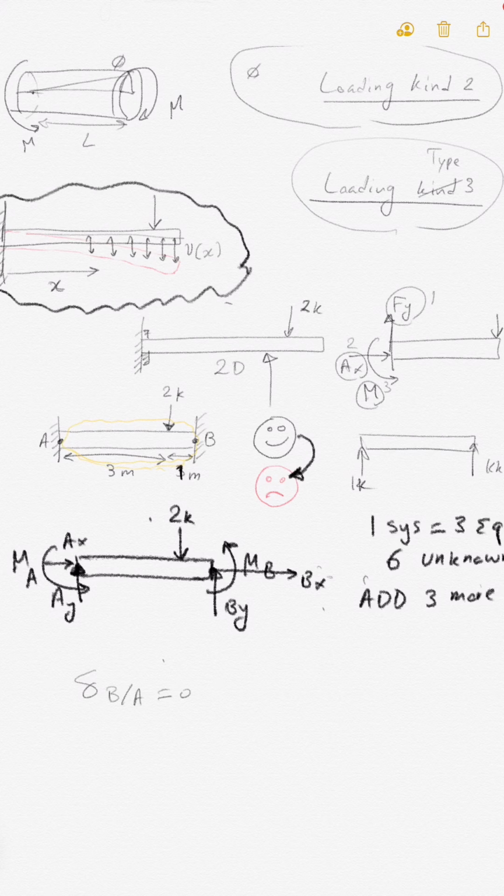That means that when you apply any kind of loading here, this point B on the wall is not going to move with respect to A because both of them are fixed to the wall. You already had this before. So this is going to give me one additional equation. So total number of equations is so far 4. Now the question is, how can I get 2 more? Now this is the question. In fact, this is a motivation to start learning deflection analysis coming from the bending.